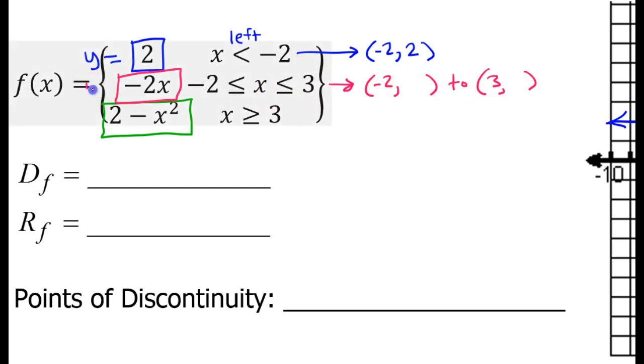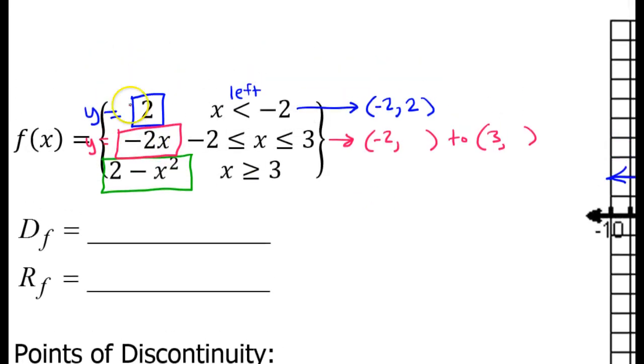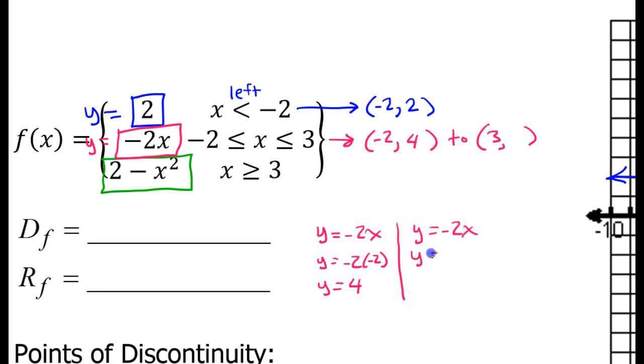So remember, this is like y equals -2x. So I think I'll just squeeze this in. I'll put it over here. So if I have y equals -2x, if I substitute in -2, then that's y equals -2 times -2. That's y equals 4. So that's one endpoint. Now, if I substitute in 3, so y equals -2x, that's y equals -2 times 3.